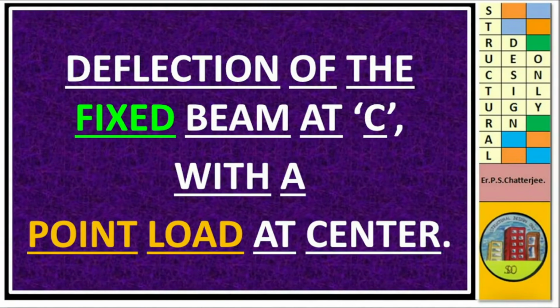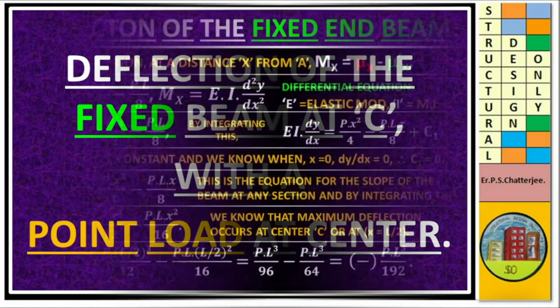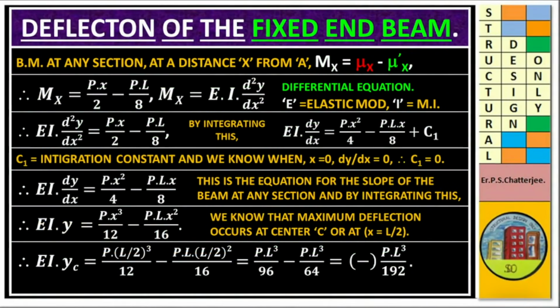Deflection of the fixed beam at C with point load at center. Deflection of the fixed end beam at any section at a distance x from A: Mx is equal to MA plus mu x minus mu dot A, so Mx is equal to P into x by 2 minus P into L by 8.